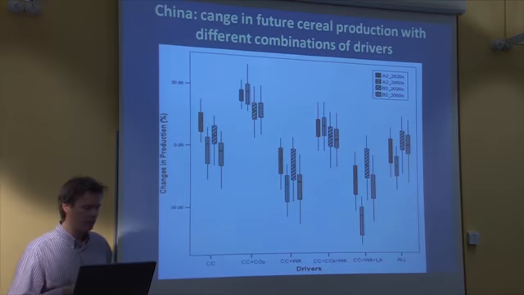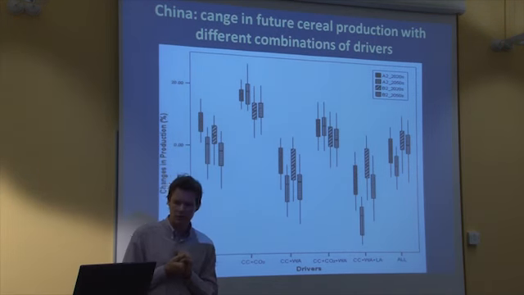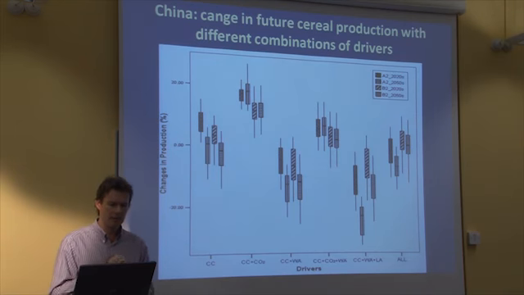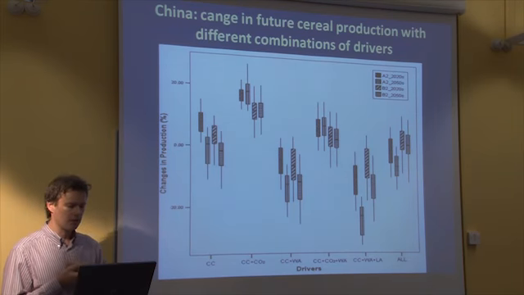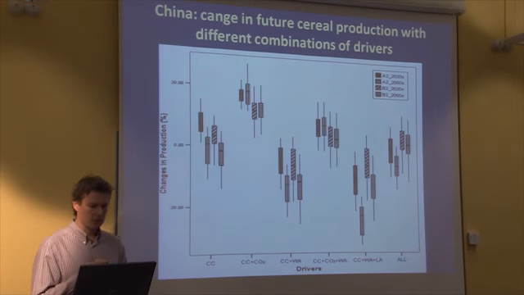And to illustrate that point, I've got quite a complex slide here which comes out of some work that I've been involved in in China, and I'll just talk you through this slide because I think it makes a nice point about the importance of water vis-à-vis climate change in the future.